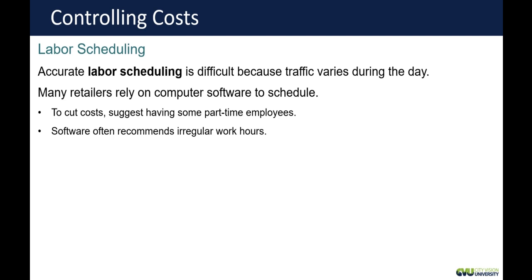You don't have to pay all the benefits and everything else. Also, if you do use software, it might suggest a schedule that's a little strange, a little weird, irregular hours, and people might not like that. But that is retail at times, right? So you're going to have to schedule people and work with them to meet their needs.